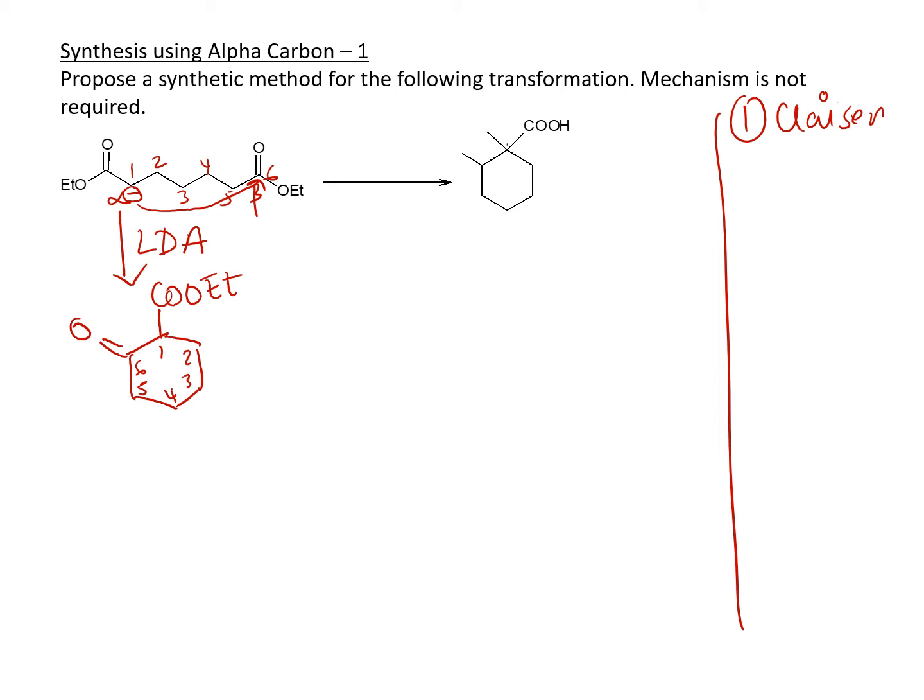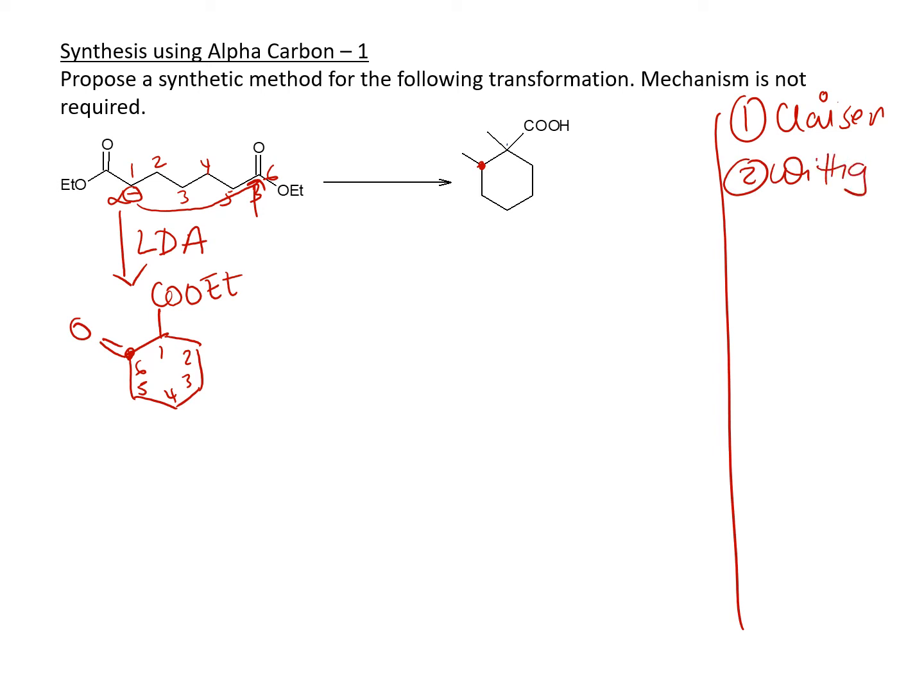Now if I look at the product that I have, on the beta carbon right here, this carbon is what is number 6. On the 6th carbon, I actually don't have a ketone, I have a methyl group. So how do I get a methyl group from a ketone? It means that I have to do another carbon-carbon bond formation. Now this is using a ketone, so forming a carbon bond can only be done by a Wittig reaction.